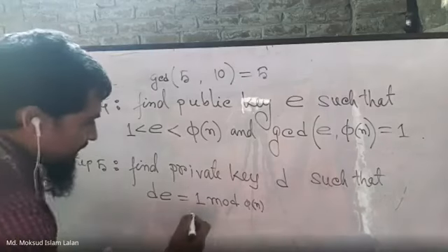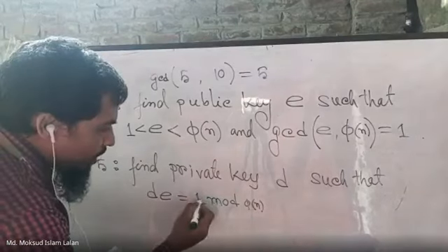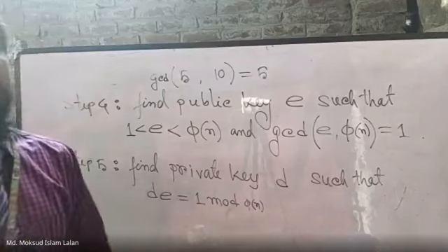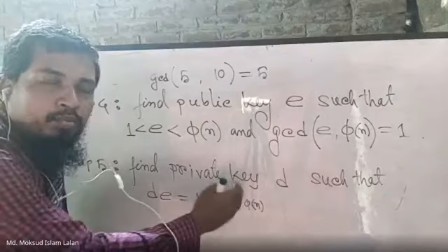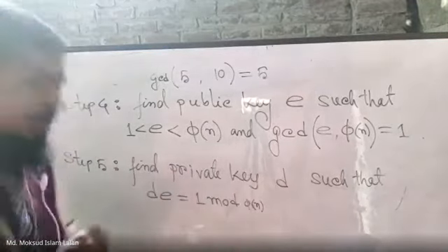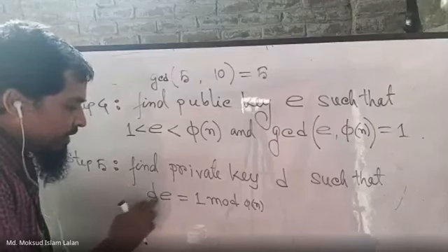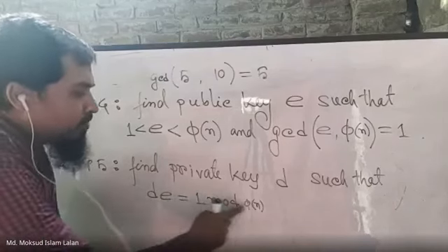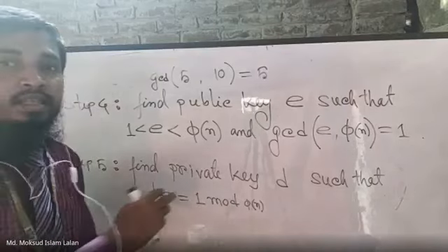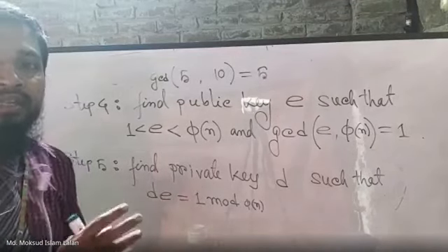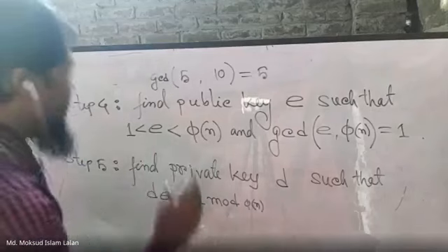So dear students, here 1 mod phi of n, right? I mean d times e is equal to 1 mod phi of n. That can be written like this, please keep a note.